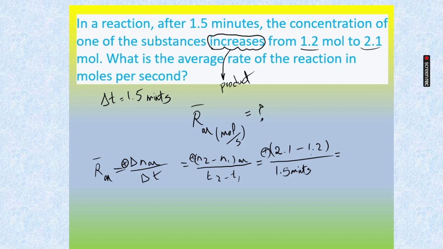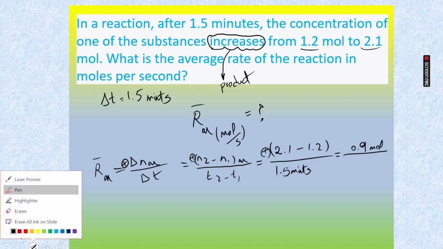And you know 2.1 minus 1.2 should be 0.9 mole. But look here, you have to change the unit because you're looking for mole per second, but here it is mole per minute. So you have to change the minute to the second.